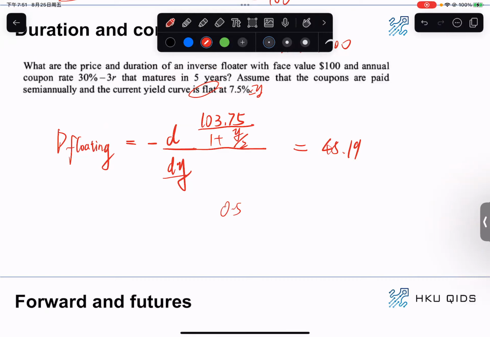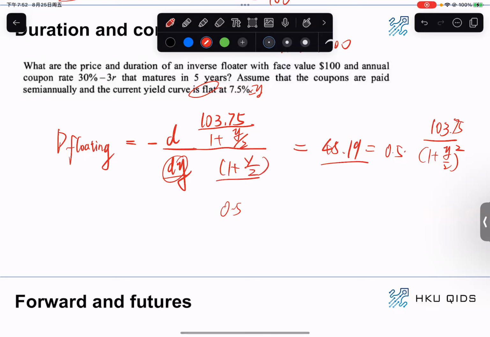So every half of the year, we change the part. So this value is actually derived from 0.5 divided by 1 plus y/2. Because this dy here is just 1 plus y/2 divided by 0.5.